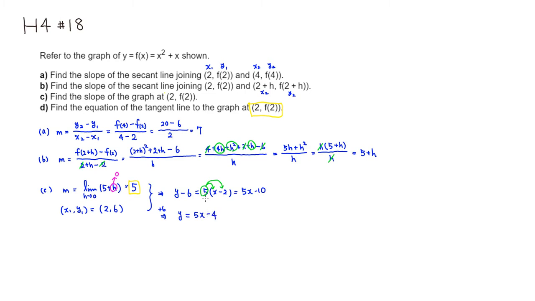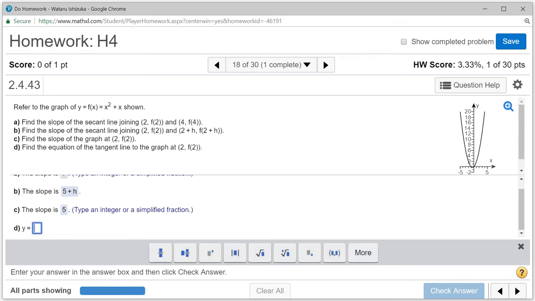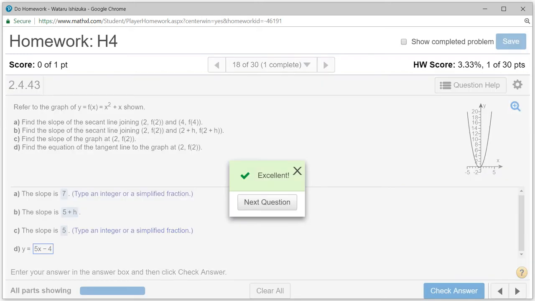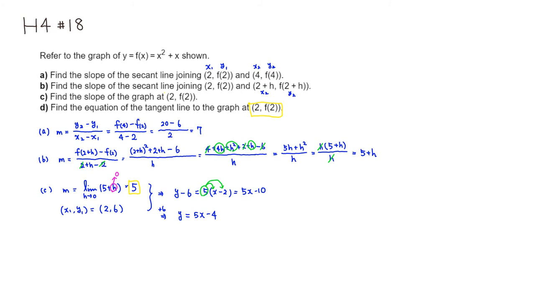So the equation of the tangent line is y equals 5x minus 4. Let's type it in. So y is equal to 5x minus 4. Check the answer. We got that. That's it. I hope that this was clear.